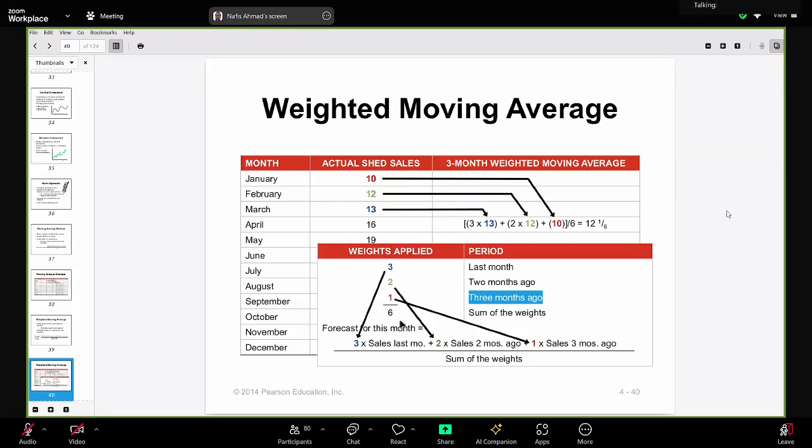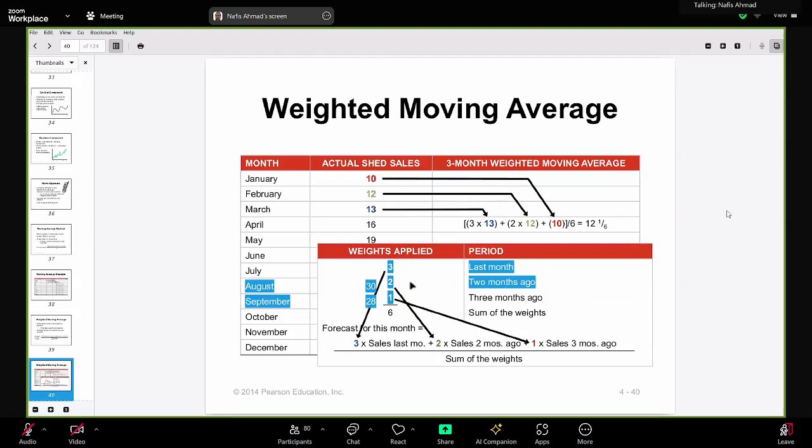So if you want to use a 3 month moving average, you need 3 actual sales data points and 3 weights that you use for giving importance. This weight can be in terms of percentage.